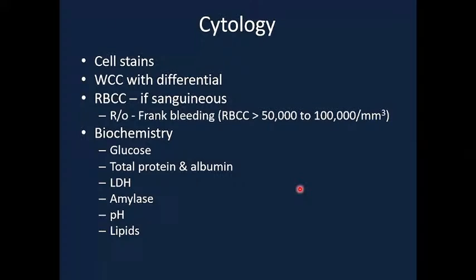So some of the things that are done would be the cell stains to look at the cells, white cell count and differential, look at RBC, biochemistry. They will do glucose levels, total protein and albumin, LDH, amylase, pH, and lipids.